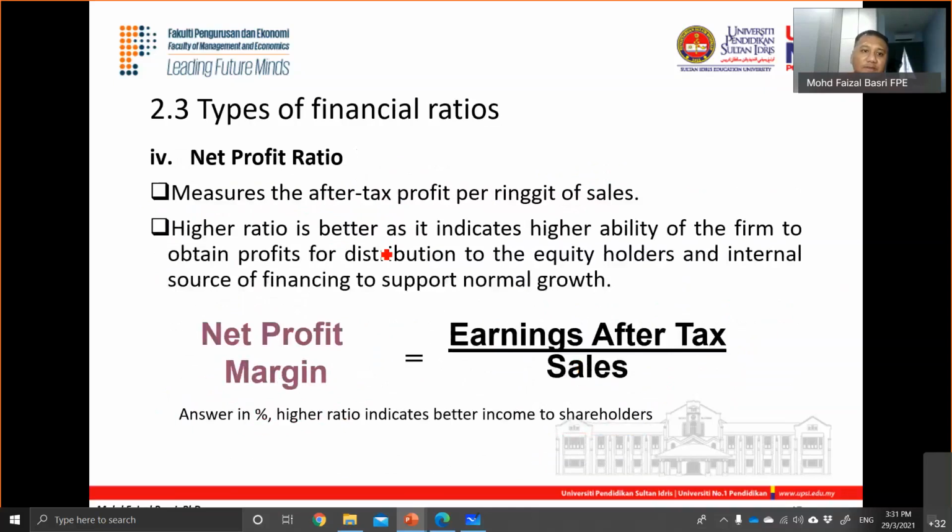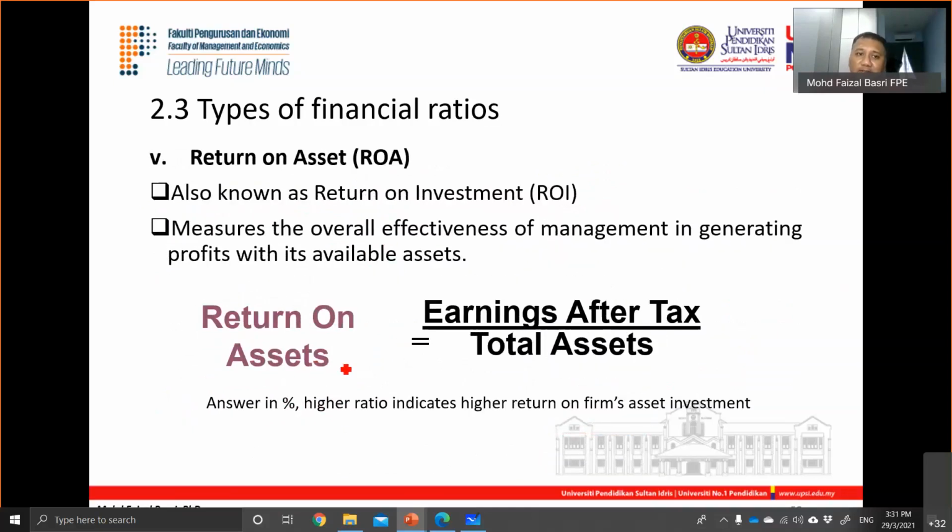So let's look at the first one, return on assets, sorry. Return, which is net profit, and then we have assets. So the formula is earnings after tax, or net profit, divided by total assets.